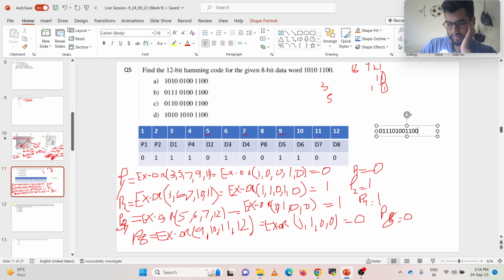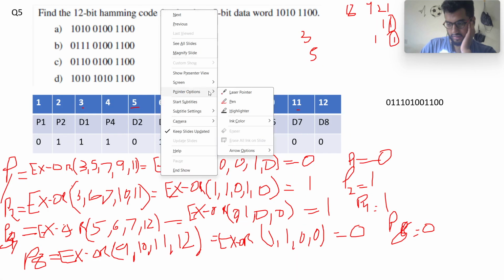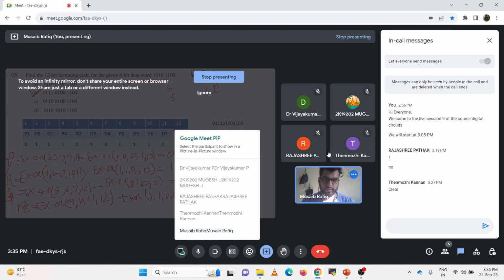That is option B. So option B is your right answer. Option B is the 12-bit Hamming code for the 8-bit data word. So is this clear?